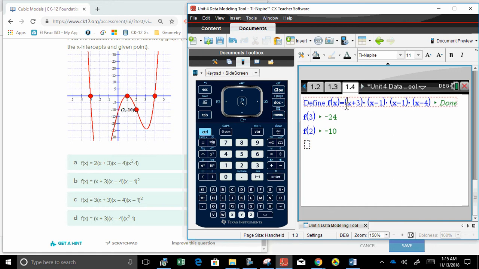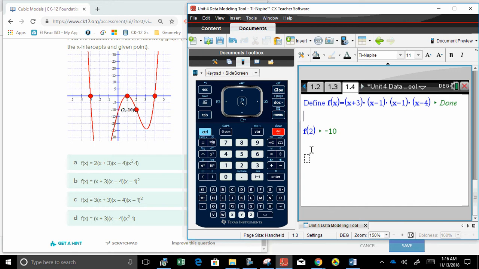So going back here, actually it is negative 10, so that works. Well, if you put 3 and try f of 2, it's negative 30, it doesn't work out. So 1 works out. And apparently I don't need to check twice. So I have my model, and this was extra.